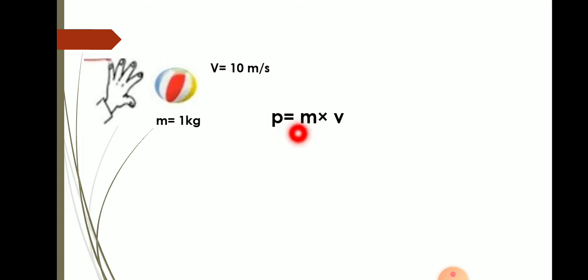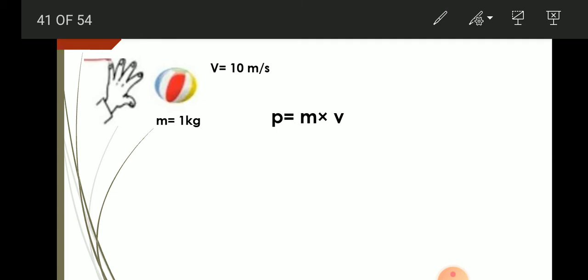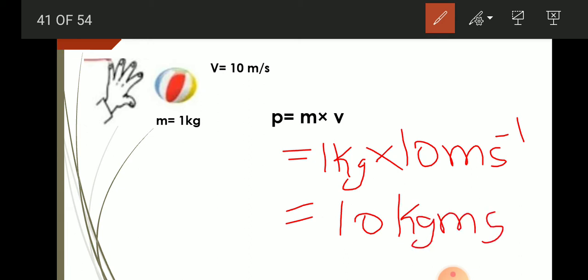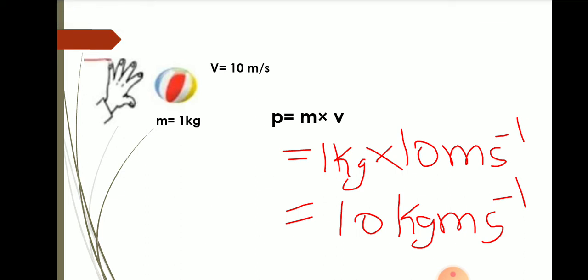If we substitute mass equal to 1 kg and velocity equal to 10 meter per second, we get 1 kg into 10 meter per second, which is 10 kg meter per second. So here we get the momentum as 10 kg meter per second.